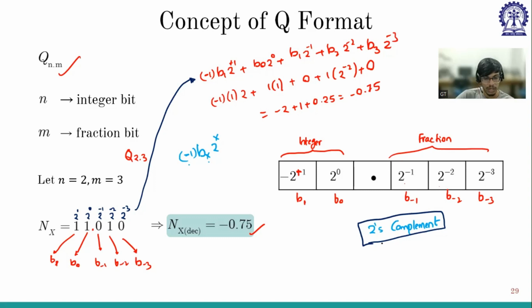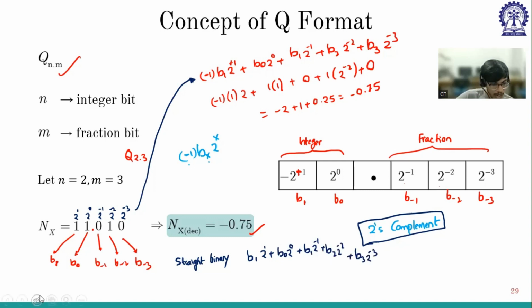If it is straight binary, as you are asking, for 2's complement this is the value. For straight binary, what will be my expression? B1 into 2 to the power 1 directly, 2 to the power 0, B1 into 2 to the power minus 1, B2 into 2 to the power minus 2 plus B3 into 2 to the power minus 3.